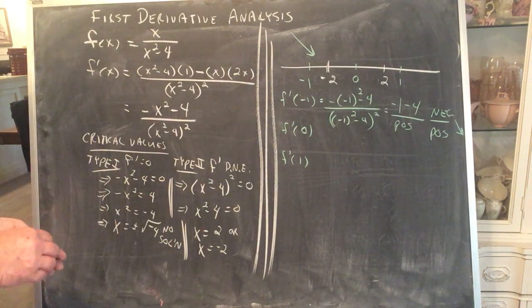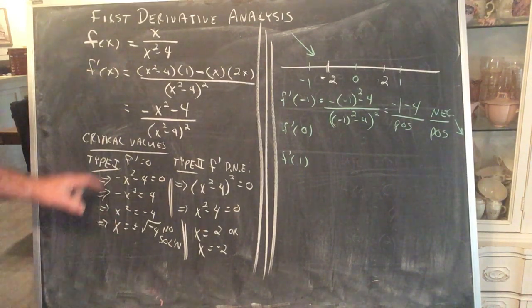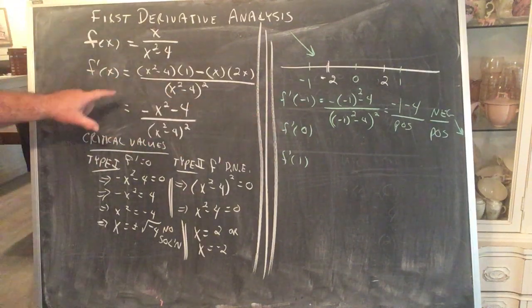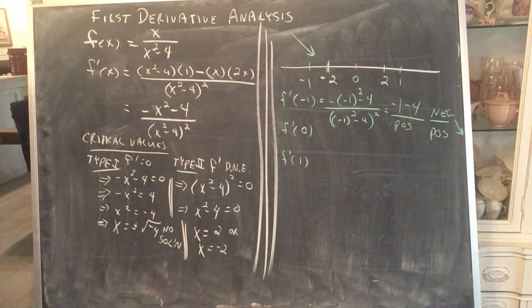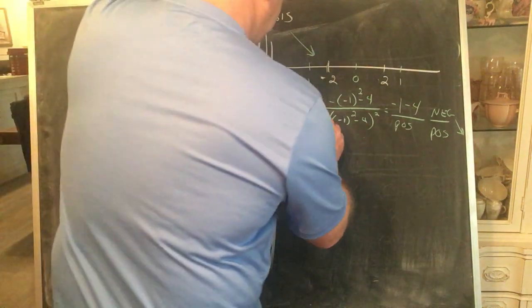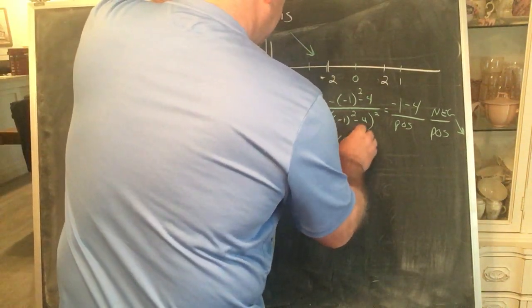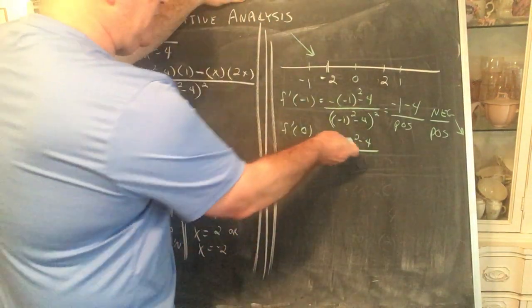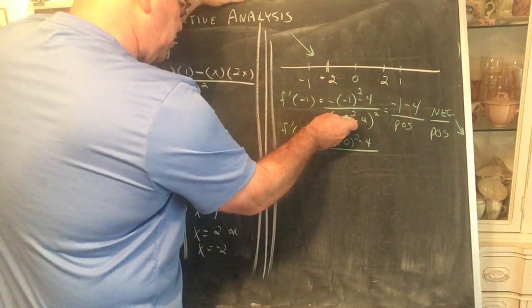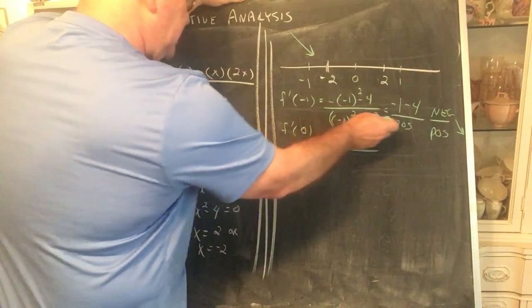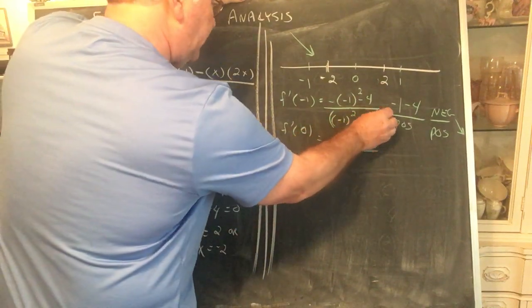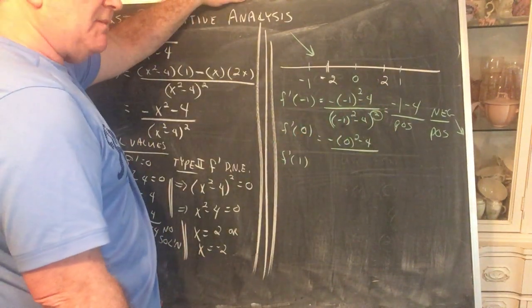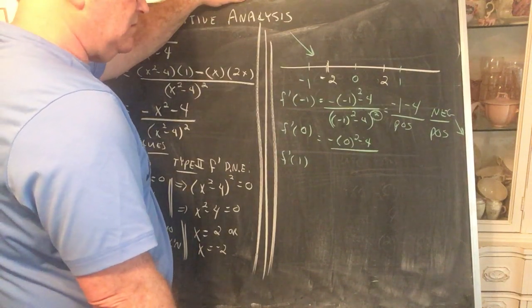At 0, what is the function doing? We need to evaluate the first derivative at 0. So this is negative 0 squared minus 4, all over... Now we've already determined that irrespective of the choice for x, this denominator is always going to be a positive number, because the last thing you do in the denominator is you square that value.